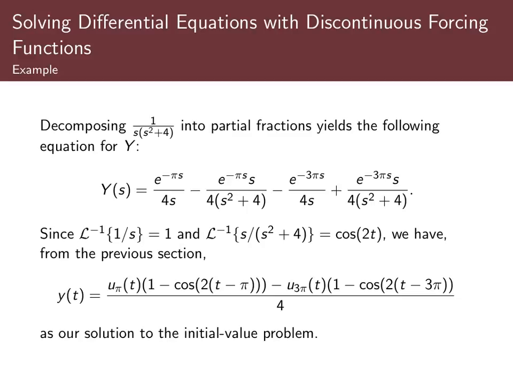And so using that coupled with the theorem in the previous section regarding what happens when you multiply by e^(-cs), we end up with this as our solution: the Heaviside function centered at π times 1 minus cosine of 2t moved over π units, and the Heaviside function centered at 3π times 1 minus cosine of 2t moved over 3π units to the right.